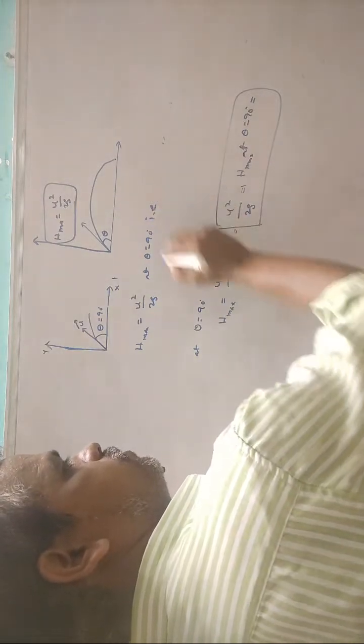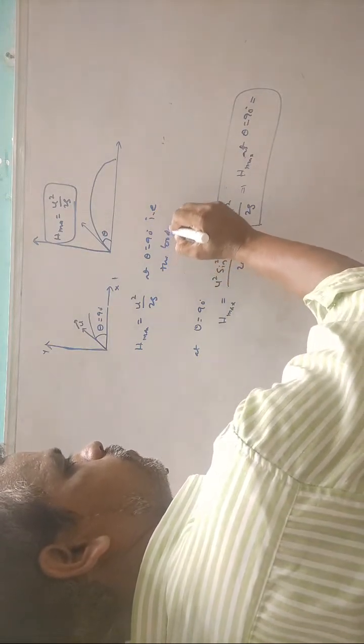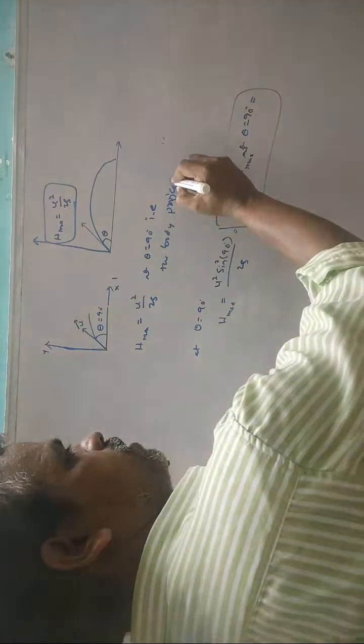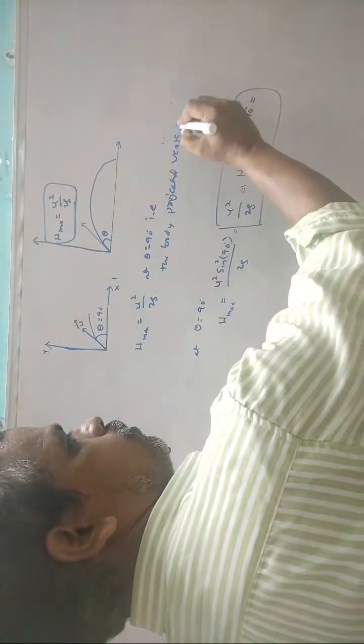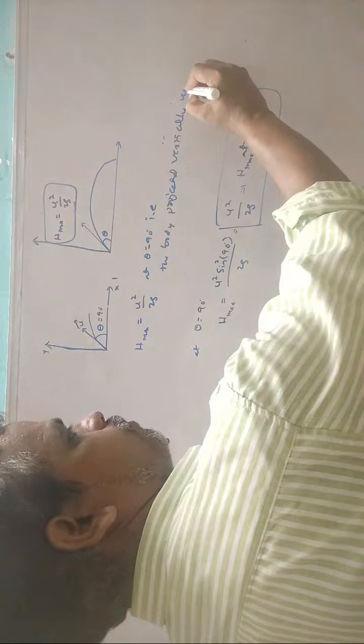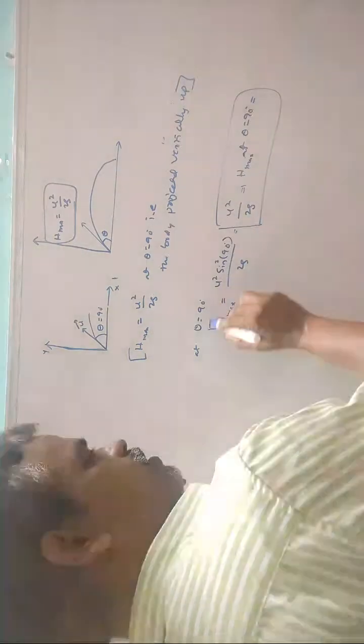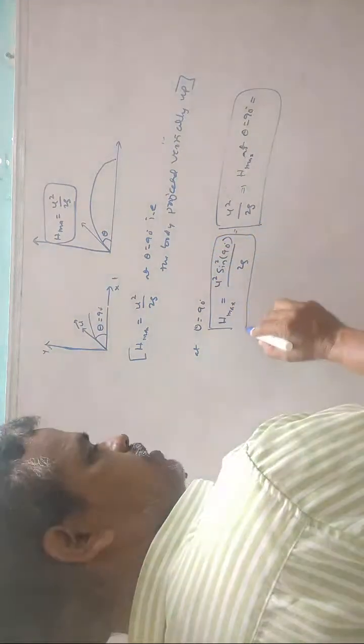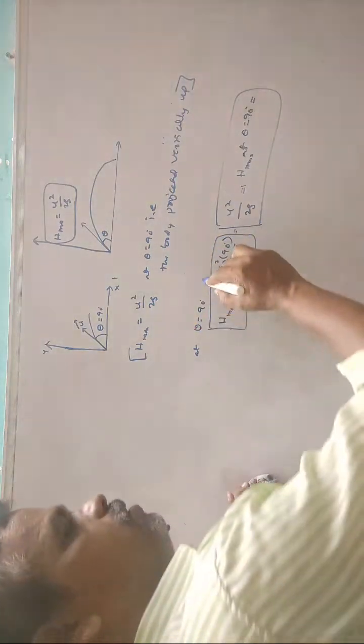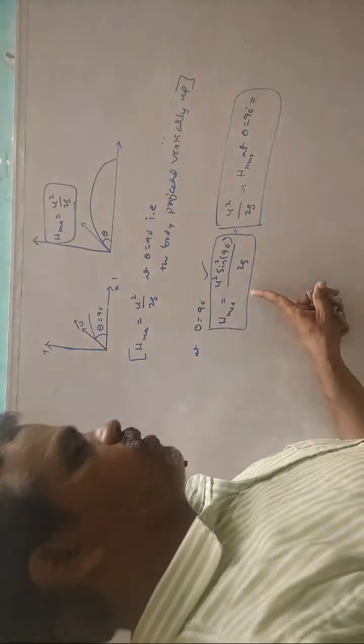That is, the body projected vertically. Generally, u square sin square theta by 2g is the maximum height of an obliquely projected body.